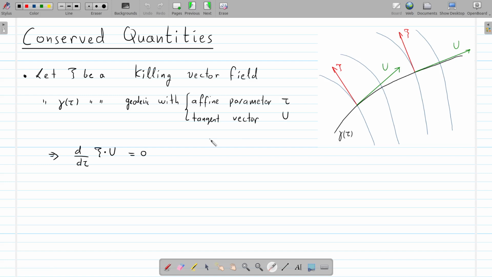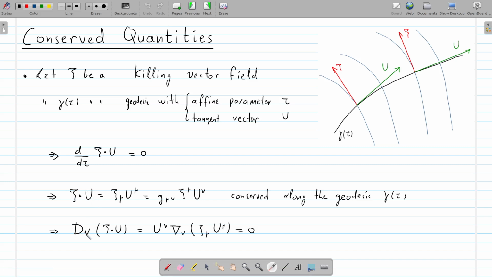What we will see is that the inner product of u with xi remains constant as we move along the geodesic, which means that if we have xi, then we can have conserved quantities by forming the inner product of xi with the tangent vector of the geodesic.